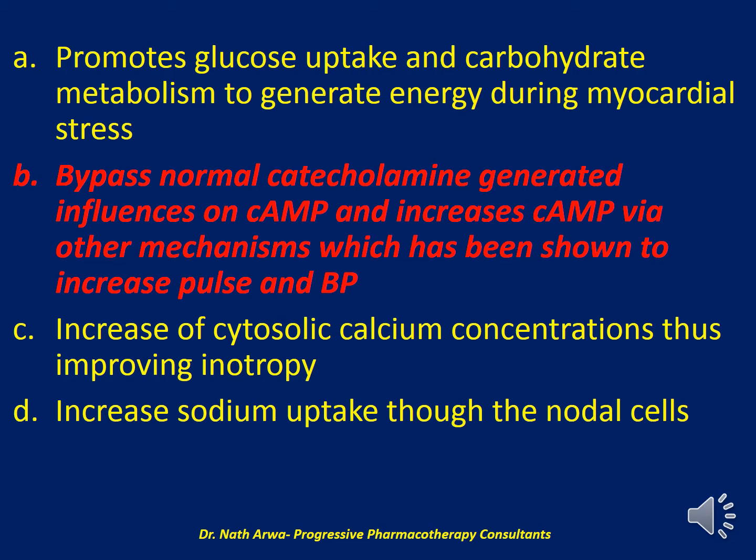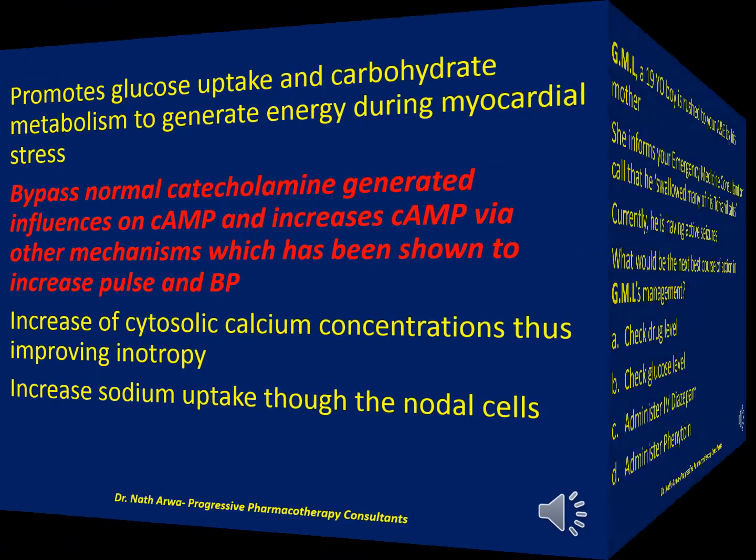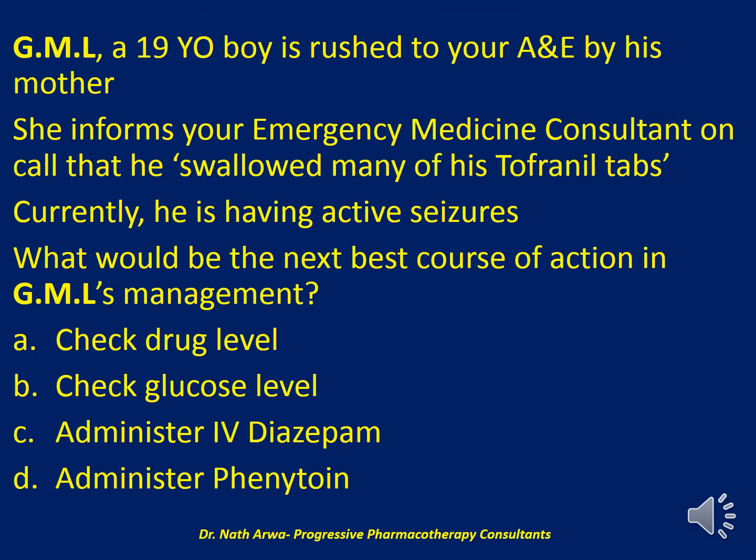Let's move to the next question, please, which reads, Master GML, a 19-year-old boy, is rushed to your accident and emergency department by his mother. She informs the emergency medicine consultant on call that this young man, GML, swallowed many of his Tofranil tablets, and he is currently actively seizing.